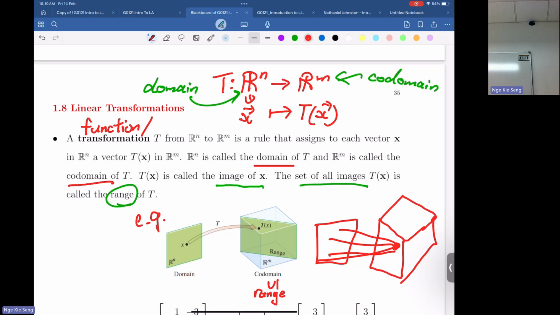In this case, I can just map to one point. The only thing you cannot do in a function is have one point go to two points. This will cause confusion, since I don't know where to go. There's only one place you can go for each element. Okay, what's the next part?